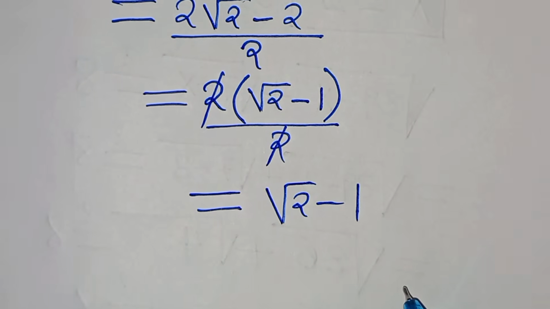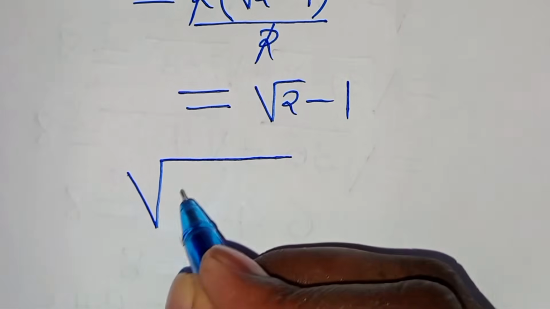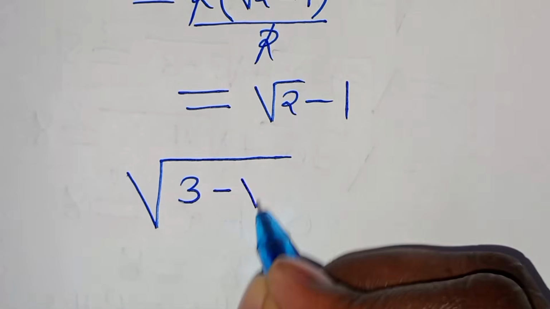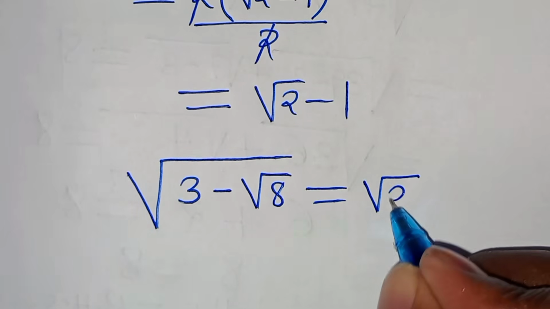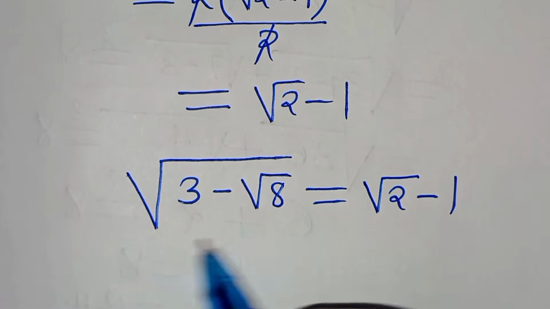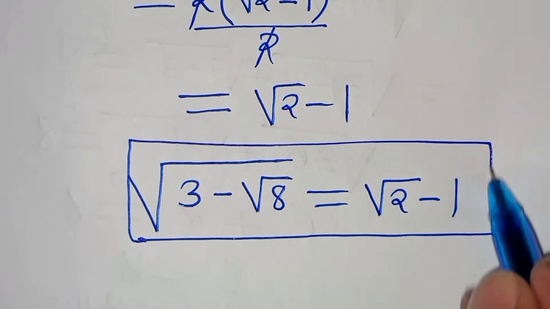And this implies that the square root of 3 minus square root of 8, the solution here, is equal to square root of 2 minus 1. So this is the solution to this square root math problem.